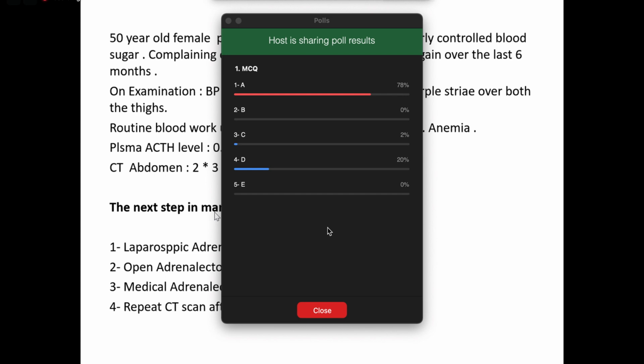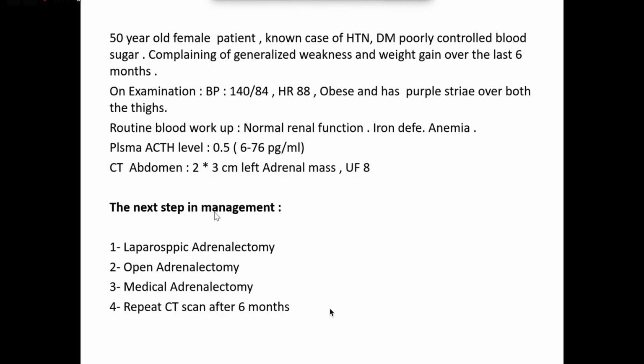So laparoscopic adrenalectomy, medical, 20% medical. So this is the CT scan result. It's a unilateral adrenal mass, looks like adenoma, and by investigation, it's functioning. So we need to do a laparoscopic adrenalectomy for this patient.